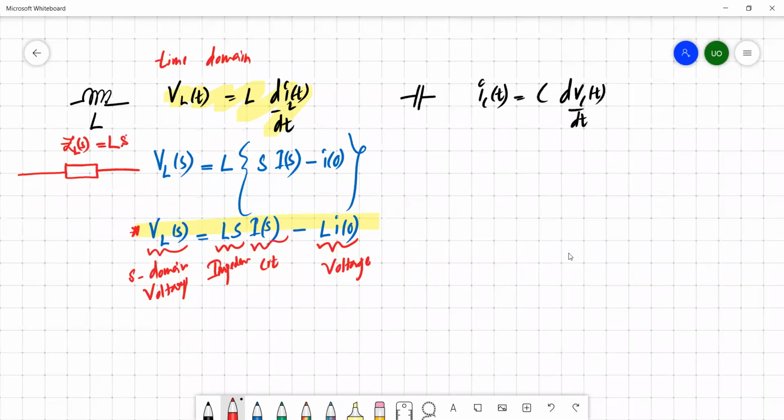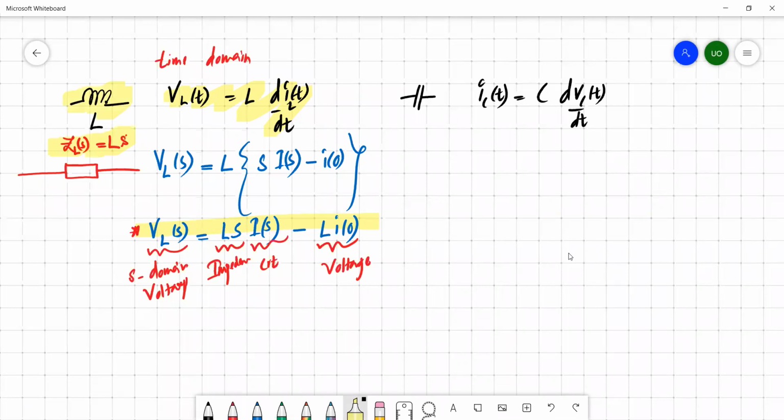If you have an L Henry inductor in time domain, it basically represents a kind of impedance of value Ls in S domain. So you can simply replace this inductor with this impedance.